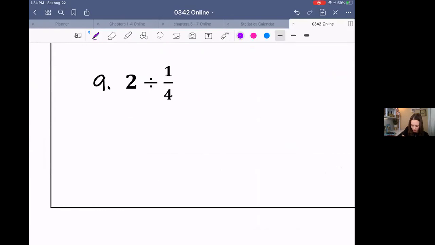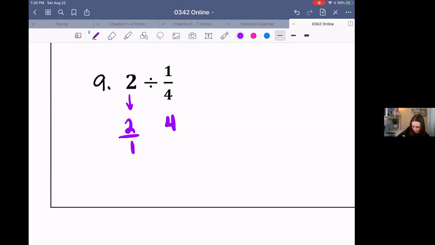So I can rewrite this as a fraction. That might make it a little bit easier. Remember I said earlier that anything over 1 is just itself. So you can convert a whole number to a fraction by putting it over 1. And I didn't really change it. It just looks different. Kind of like in the morning when you wake up, you don't have any makeup on, and then you put your makeup on, you're still you. You just look a little different.